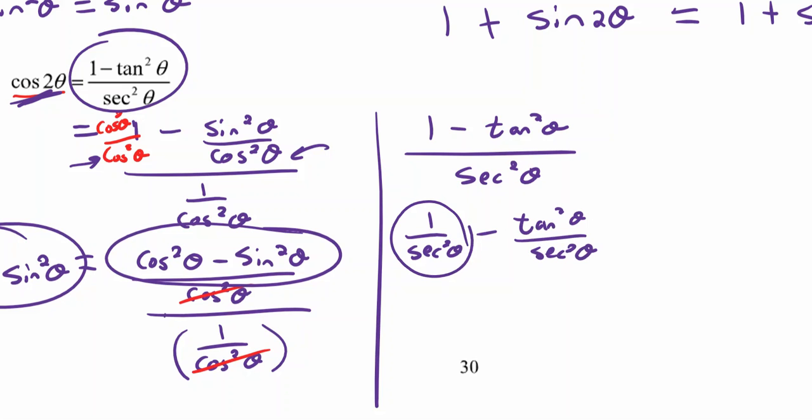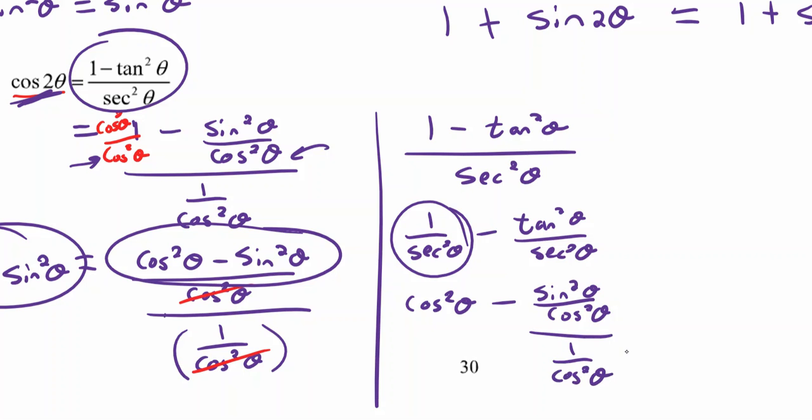And then I'll say, okay, 1 over secant squared theta, well, that's really cos squared theta. And then tan squared theta is really sine squared theta over cos squared theta, over, and then secant squared theta is really just 1 over cos squared theta.